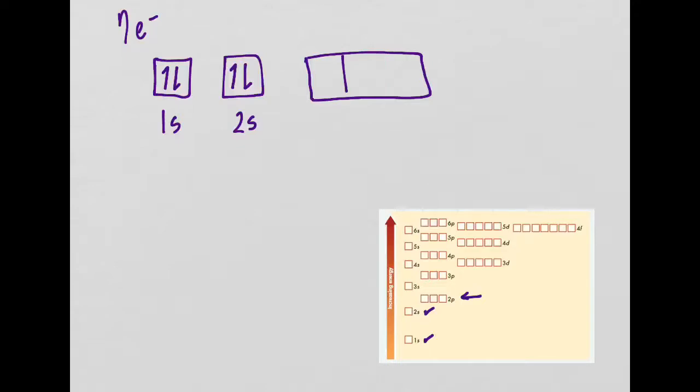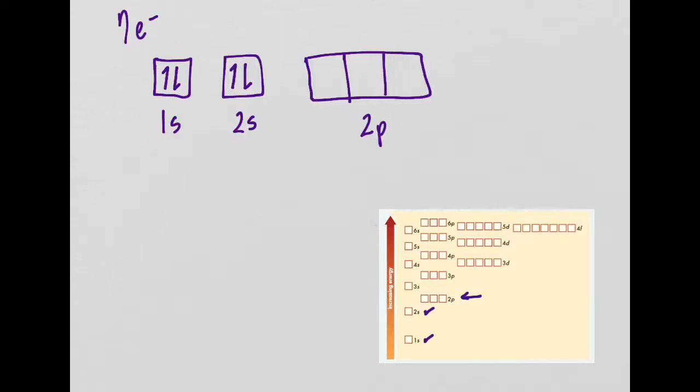I'm just going to make a big rectangle and then split it like that. So this is my 2p. In my 2p, I'm going to have to place 3 more electrons, because I have 1, 2, 3, 4, so I have 3 left.